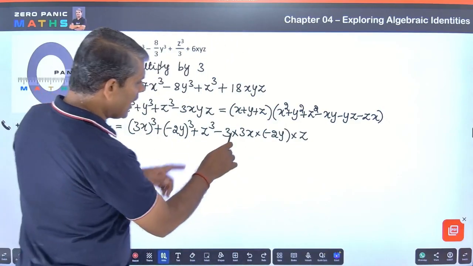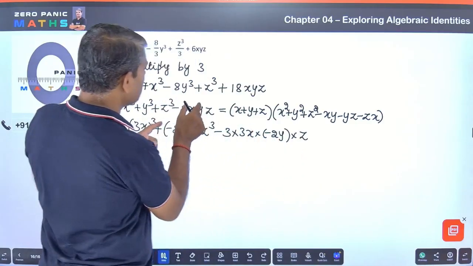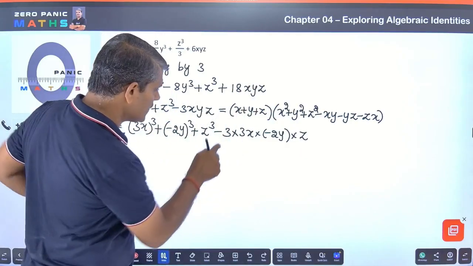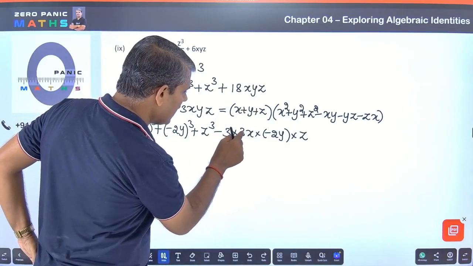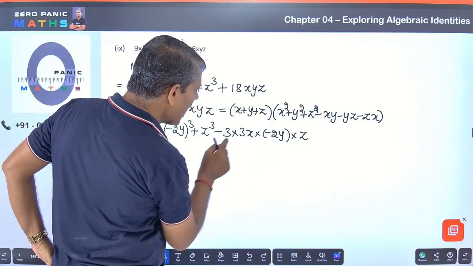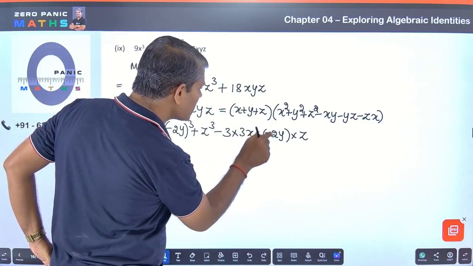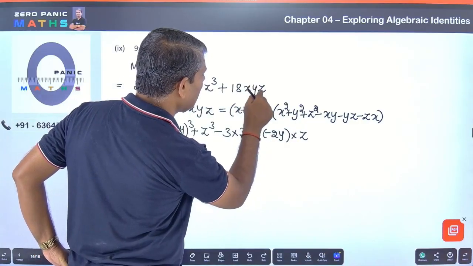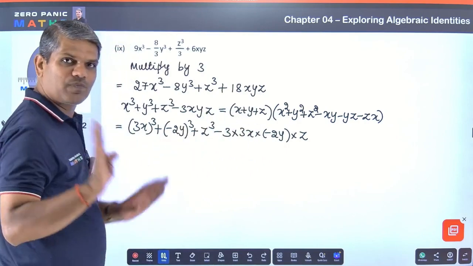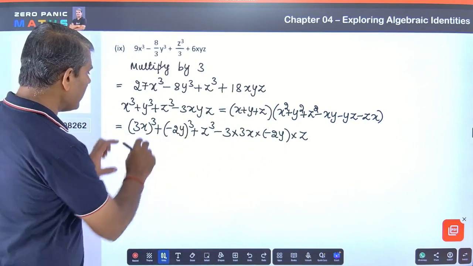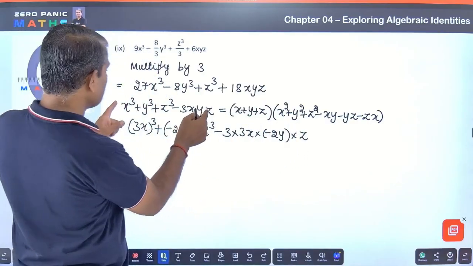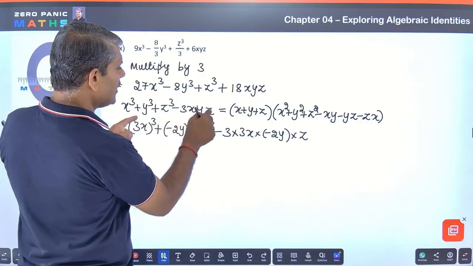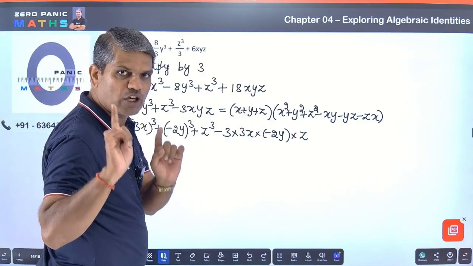Now if you multiply all this, this will obviously get you plus 18xyz. Do this: 3 3s are 9, 9 2s are 18, and that too with minus and minus, plus 18xyz. See, 18xyz with plus sign. Understood this? We have expanded this to match the left side of x cube plus y cube plus z cube minus 3xyz. Hope you understood this.